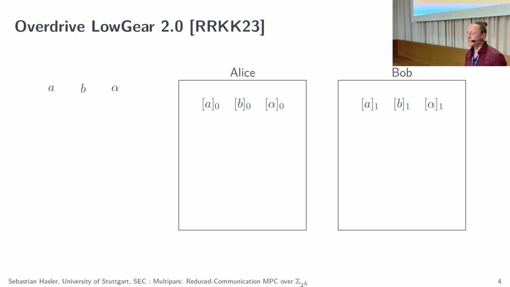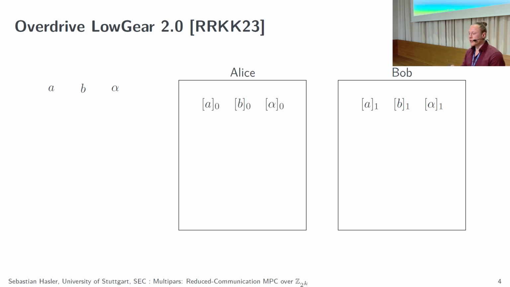Bob randomly samples A1 and B1. But now we somehow need to multiply A times B. And then we also need to authenticate all of these values, A, B, and C, by multiplying all of them by alpha. That's what the original LowGear protocol did in this order. However, this required afterwards a so-called sacrificing step, where about half of the Beaver triples are sacrificed in order to guarantee that the other half of the Beaver triples satisfy the correct multiplication identity.